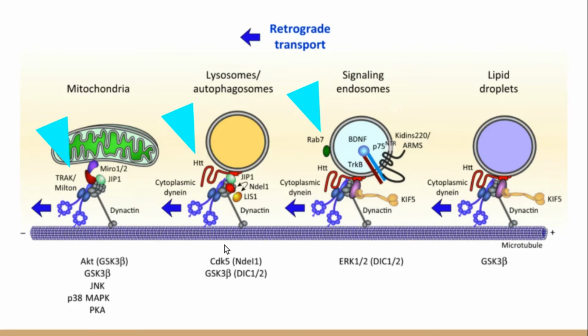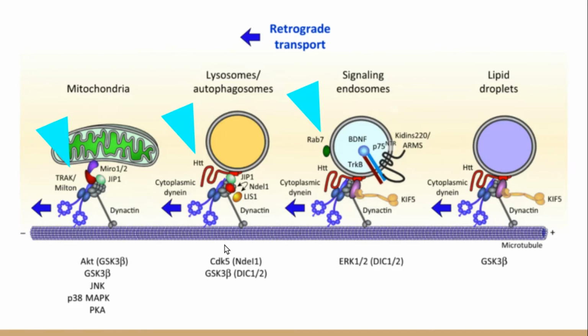And lastly, we commonly see retrograde transport of lipid droplets, which basically serve as reservoirs of highly reduced carbon in the form of fatty acids. And Huntingtin, again, has been implicated in retrograde transport of lipid droplets. One type of regulation that appears to be worth mentioning is GSK3 beta.